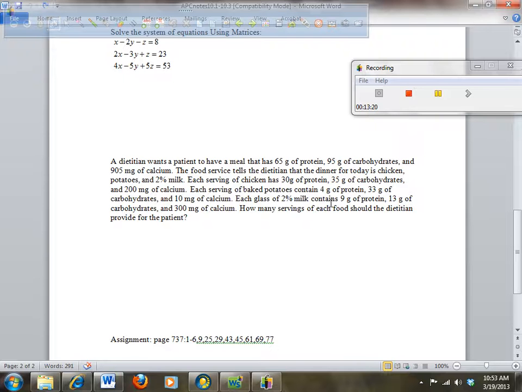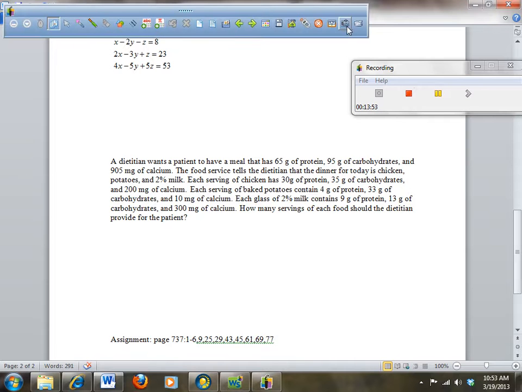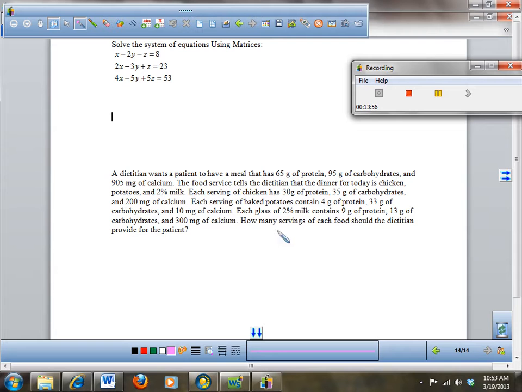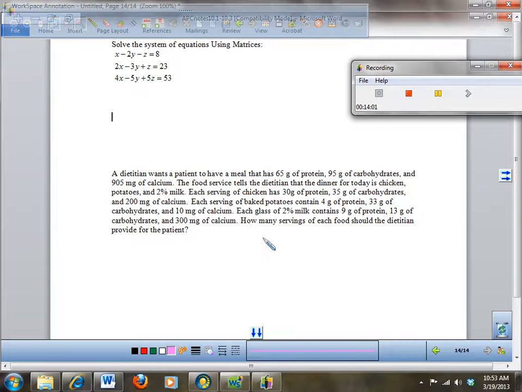Okay, so over here on the right side of your system, you're going to have the limits for your protein, your carbohydrates, and your calcium.